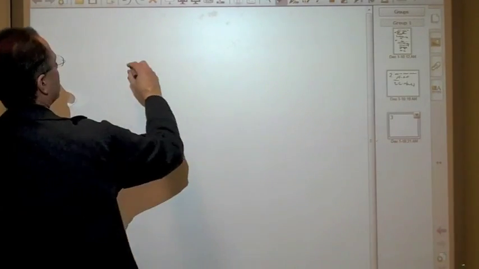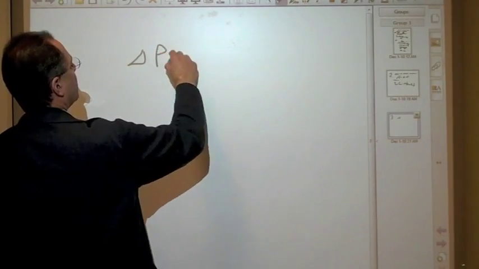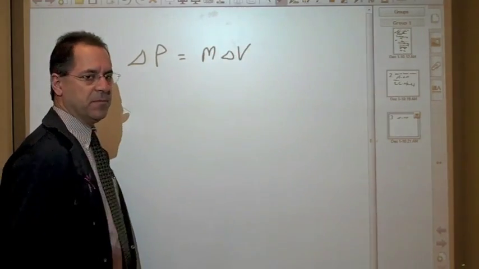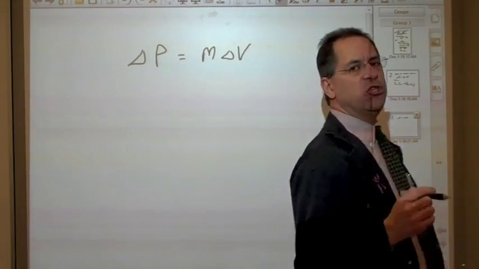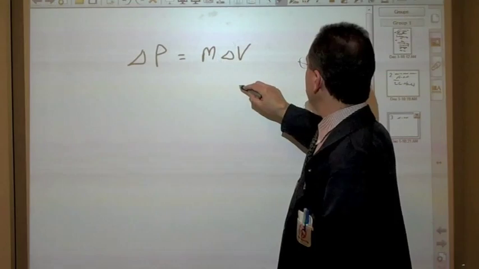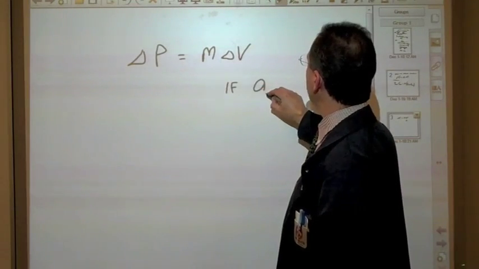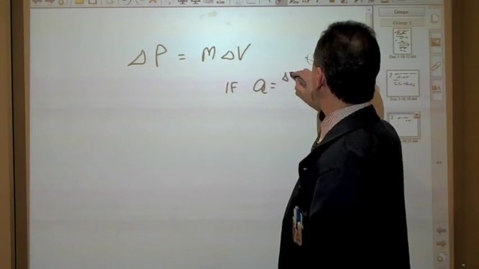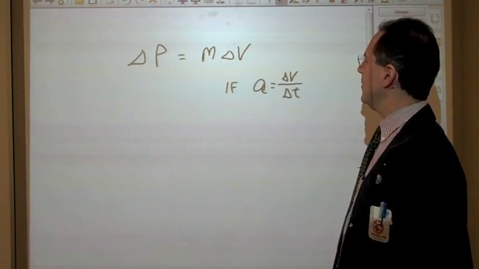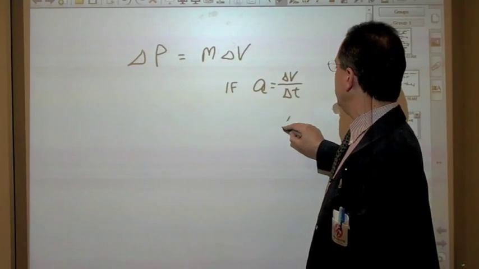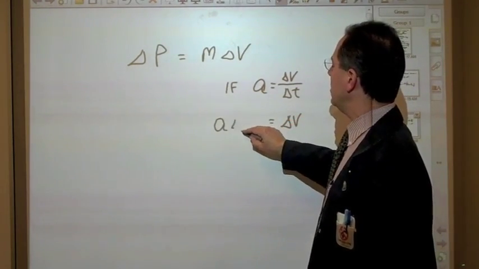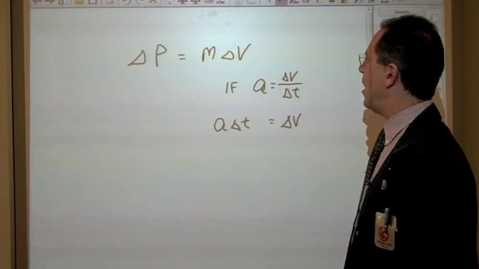We start out with this again. Change in momentum is equal to mass times the change in velocity. How do we relate change in velocity? Well, if we think about it, the acceleration of an object is its change in velocity over change in time, so I could say that the change in velocity is just the acceleration times the time it was applied to the object.